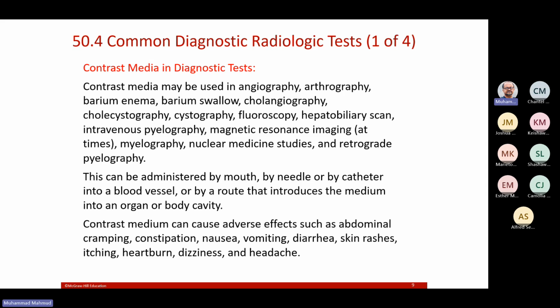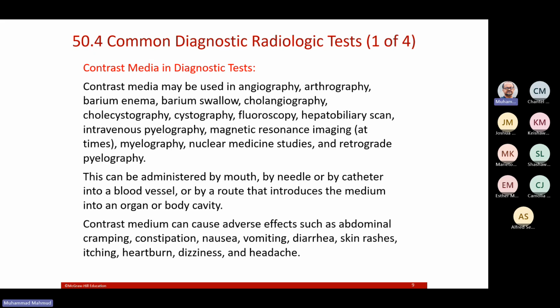This type of media may be used in angiography, arthrography, barium enema, barium swallow, cholangiography, cholecystography, and many of those diagnostic tests. Some of them can be administered by mouth or by needle or by catheter into a blood vessel.